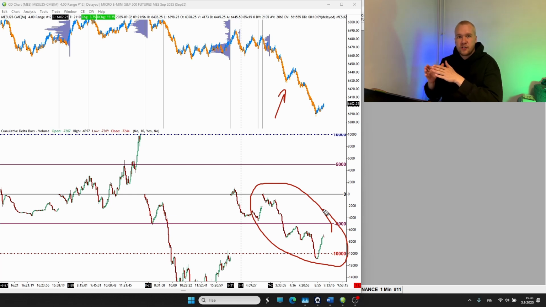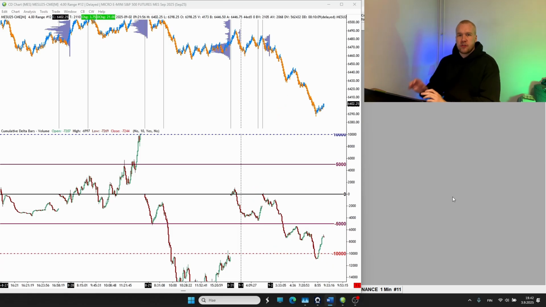If the secondary tools which you look at are confirming your bias, there is a very good chance of your trade going right. This would be a very clear confirmation for you to place your own trade based on the cumulative delta.